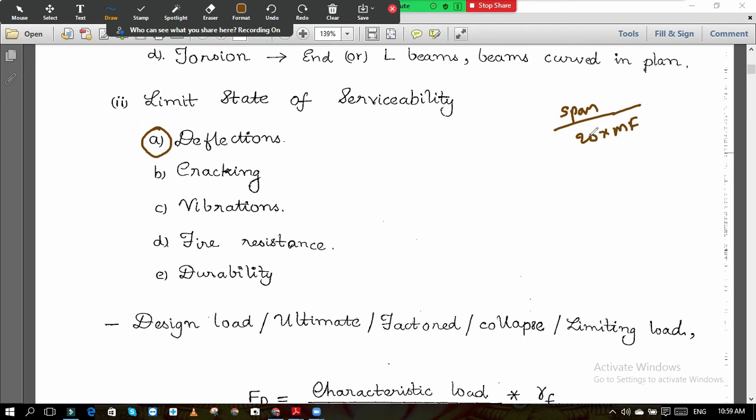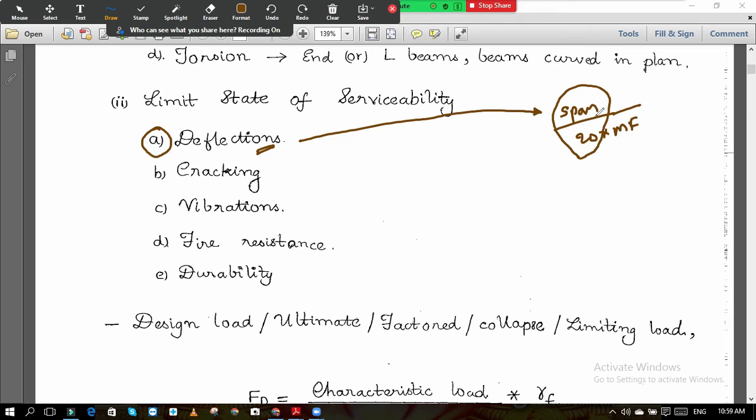So this is the span by 20, this value. From where does this value come? It is not just that it is given in the IS code, that is why we are using it. But still, this span by 20 and all these things, where do they come from? This comes from these deflections.